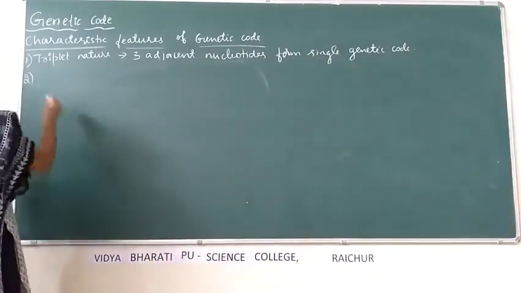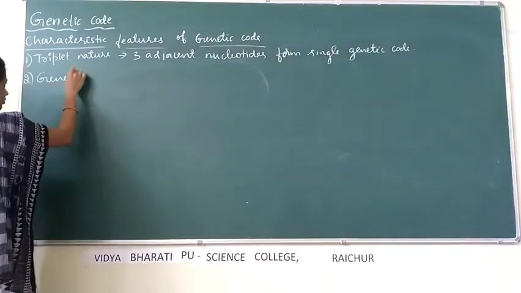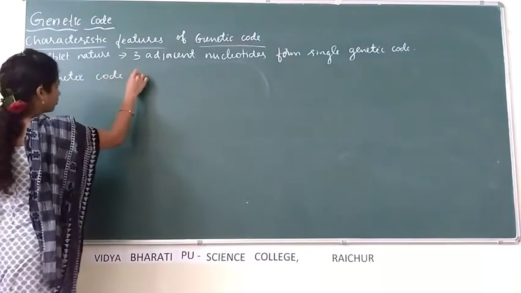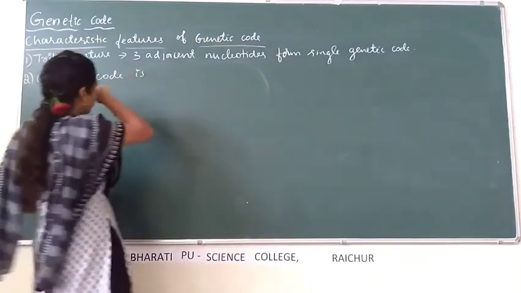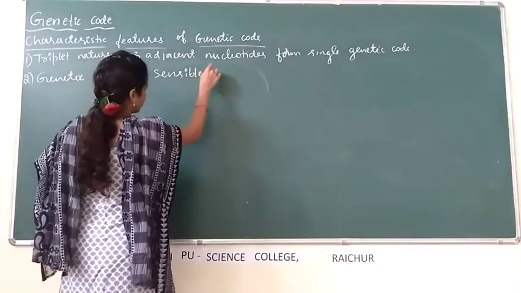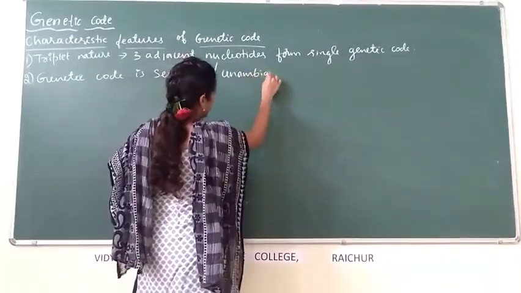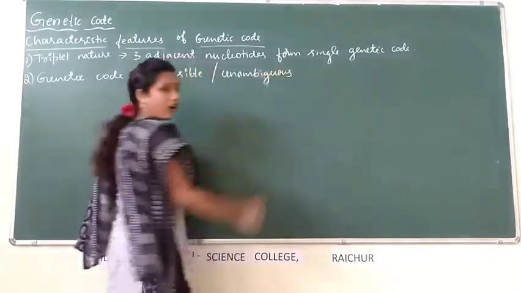Genetic code is sensible or unambiguous.